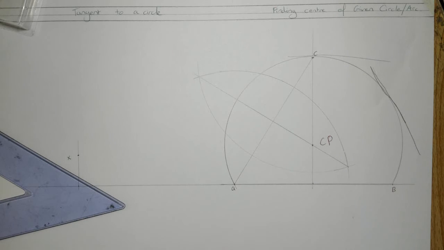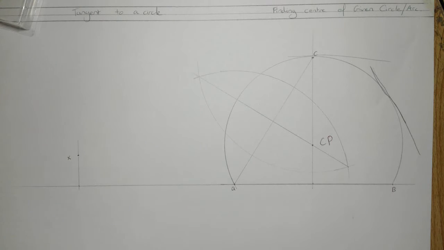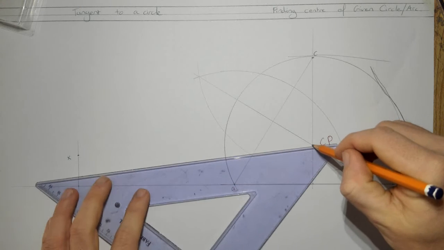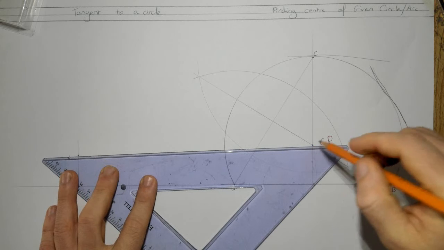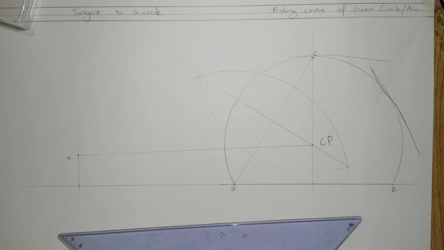First thing you do is you join your centre point to my X. I know my tangent is going through that. What I need to do then is find the middle of that line.